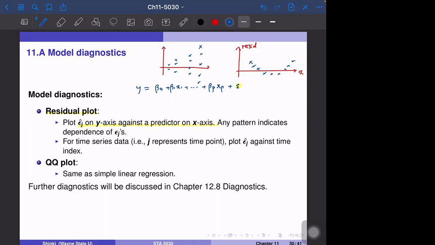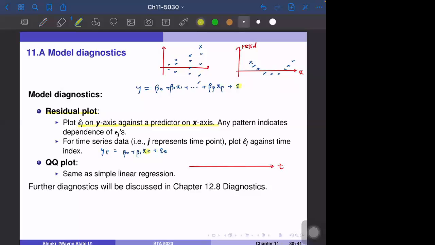And for time series data, if we think about yt = β0 + β1xt + εt, where t is the time index, for example a month or a day, then we have to care about the dependence on time. Of course, here the predictor is xt, but the also important thing is t.